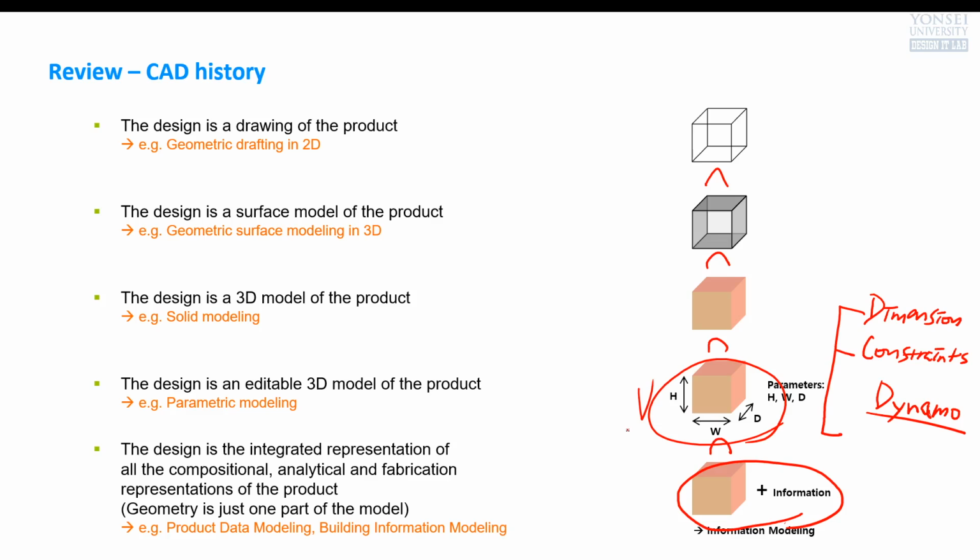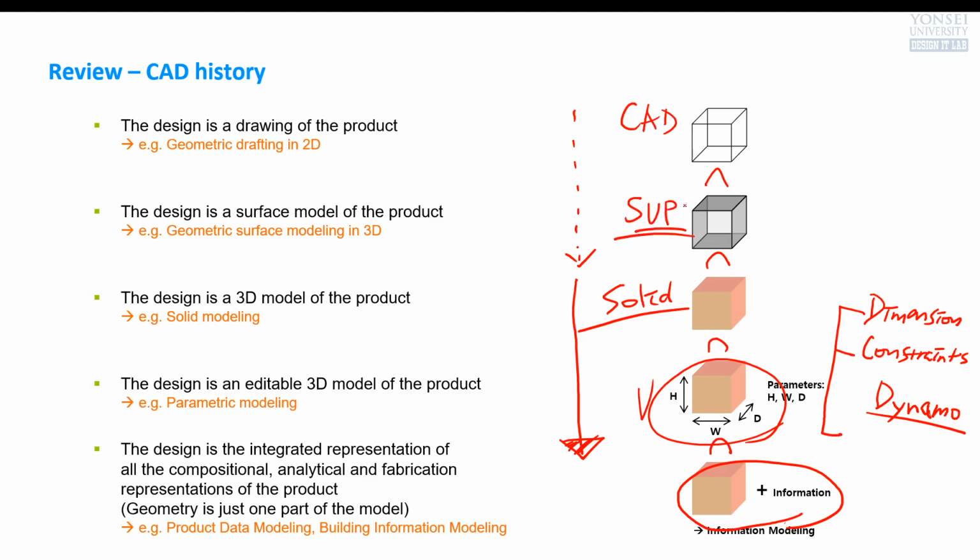That's what I mentioned in this class. So from solid modeling, we have walked through this part so far in this semester. I assume that you already know this part, the 2D CAD and surface-based approach, representatively SketchUp.